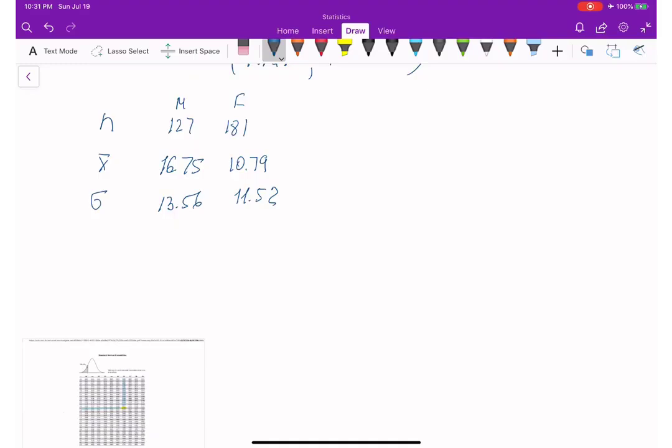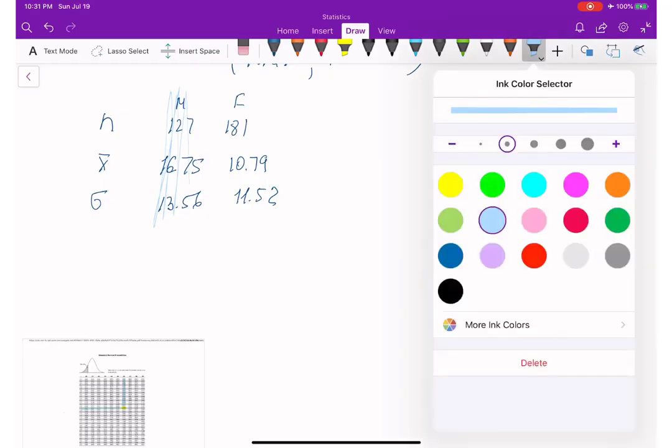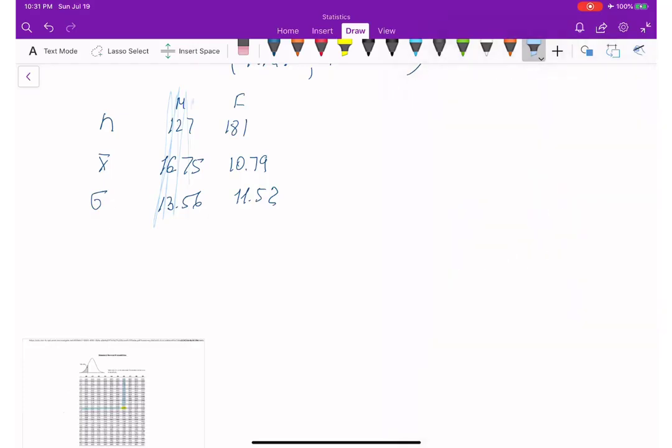So, for each gender, find the 95% confidence interval for the mean weekly alcohol consumption. I'll find only for one gender, let's say male, and female you can find yourself. I don't think it will be a big deal once you know how to do it, right? So I'm going to do it for male.